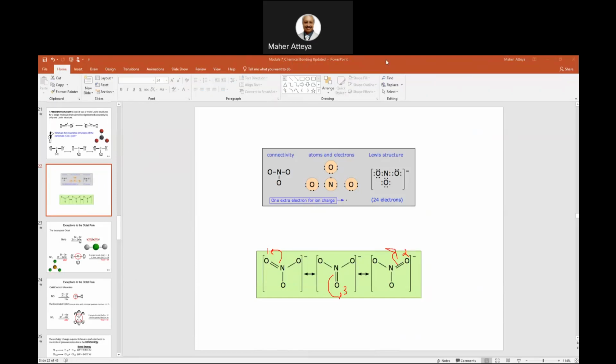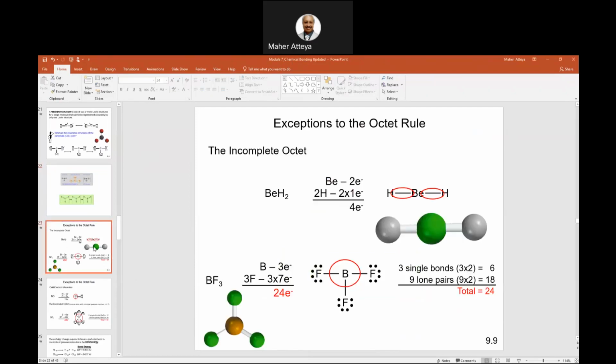Now, Lewis dot structure, as you said, is just covalent bonding between the nonmetals, correct? And the octet rule means they have to have 8 surrounding electrons, but the octet rule is not always the case.